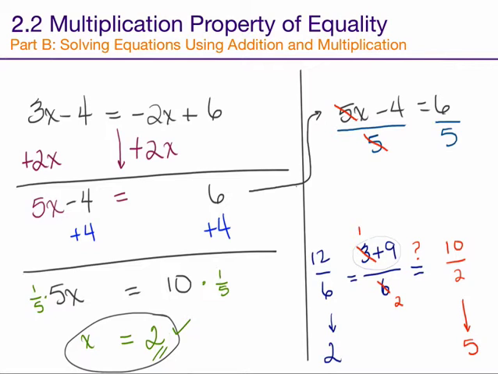We don't get the same answer. So one of these is incorrect. The problem lies with this plus sign right here. The fact that I'm dividing this sum by 6 means I really need to divide everything by 6, not just a part of it.